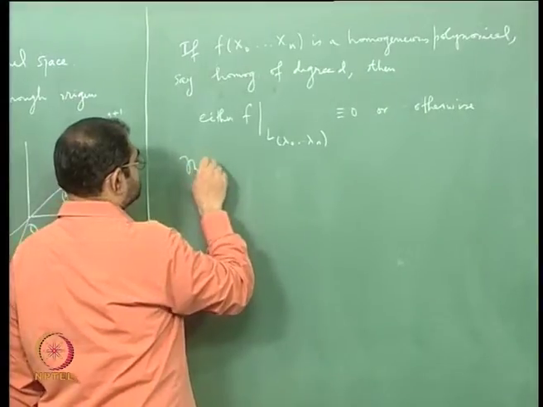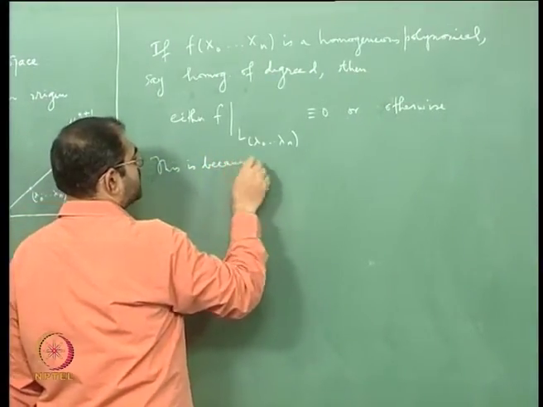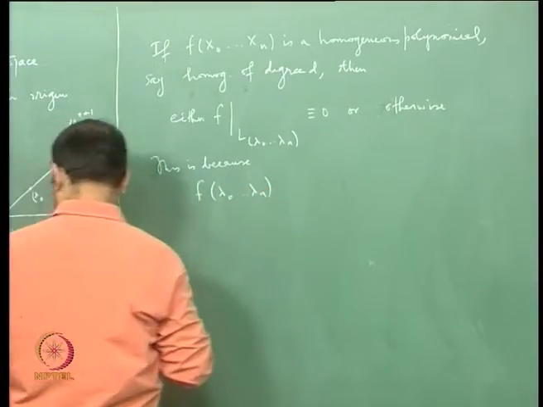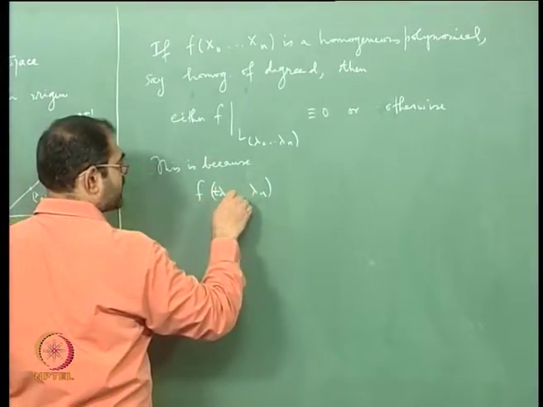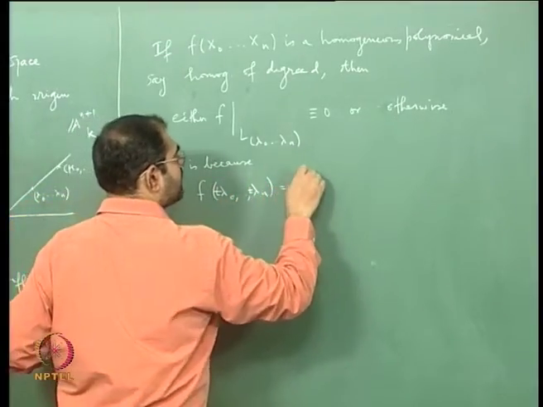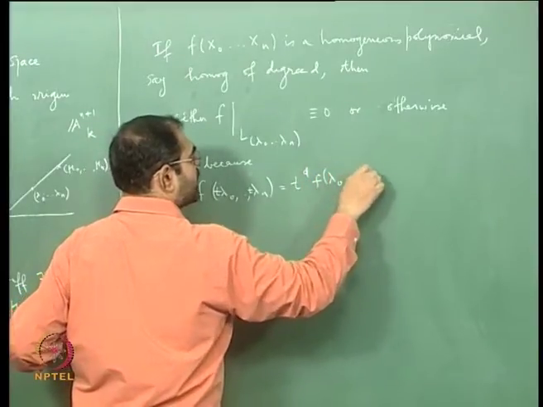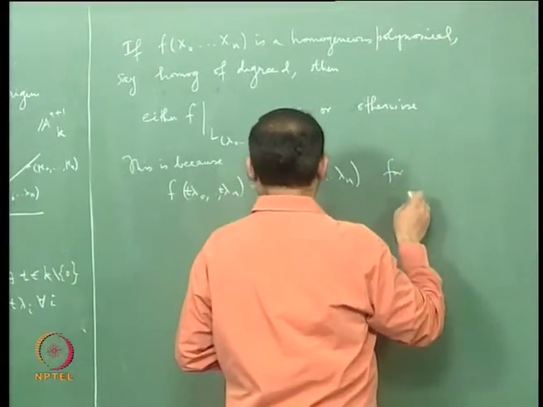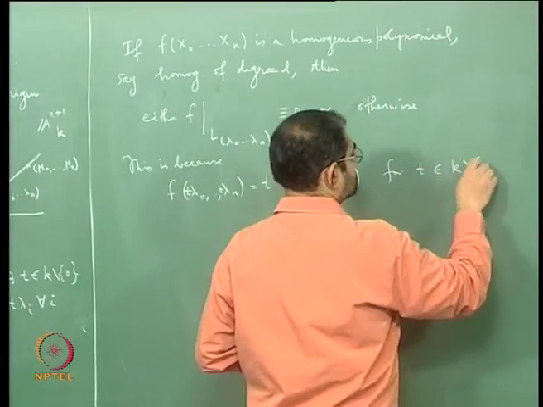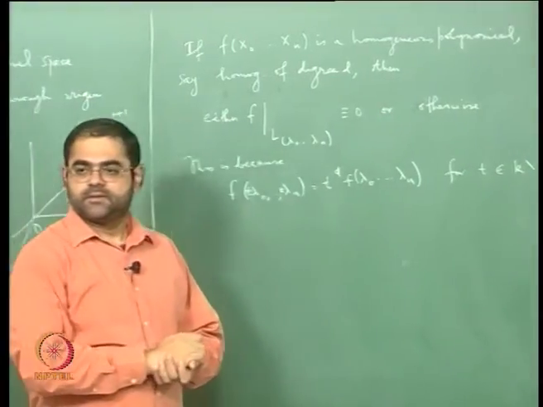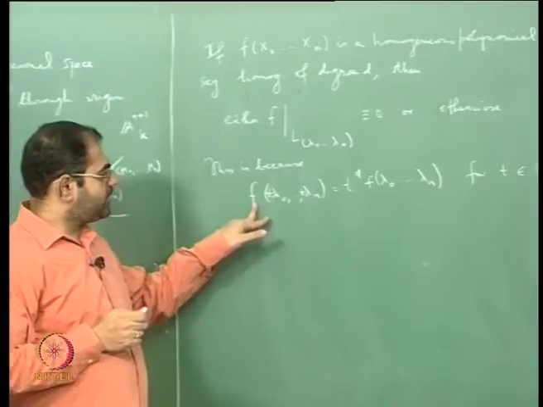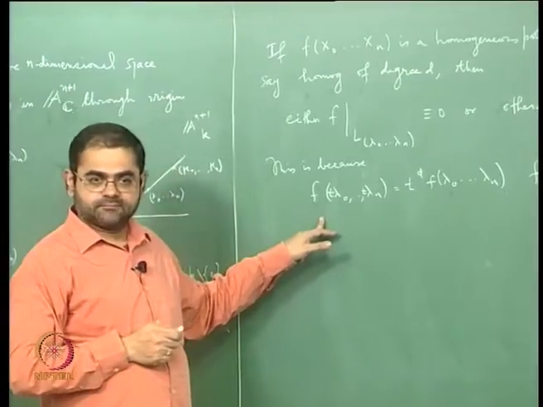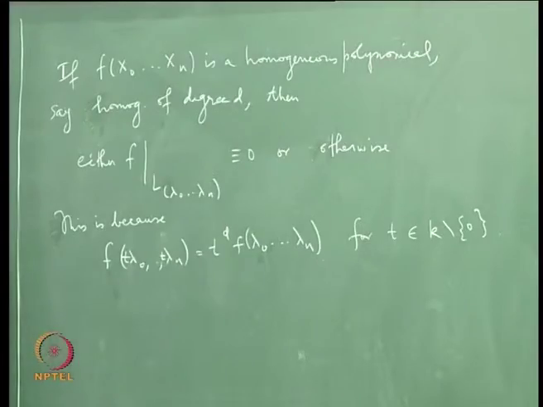This is because f of (t lambda_0, ..., t lambda_n) is t to the power d times f of (lambda_0, ..., lambda_n), for t a non-zero constant. So if the polynomial vanishes at one point of the line, then it will vanish at every point of the line, okay.